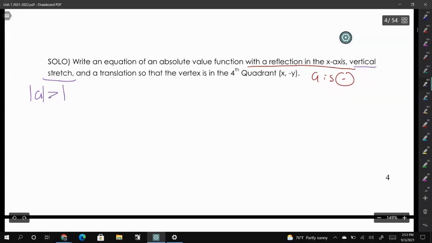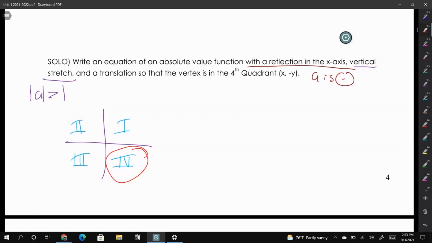And a translation so that the vertex is in the 4th quadrant. All right, and if you have forgotten what the 4th quadrant is, we have 1, 2, 3, 4. We want our vertex down in this area. So x is positive and y is negative, and I gave you guys that hint right here.